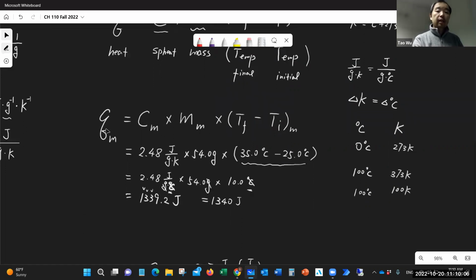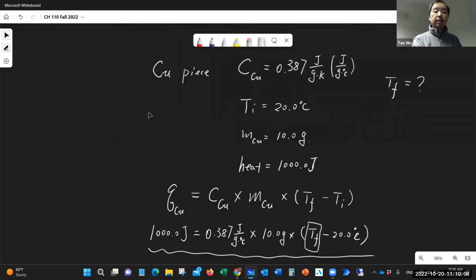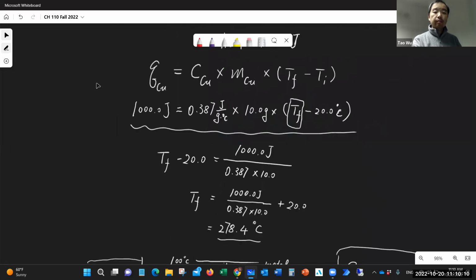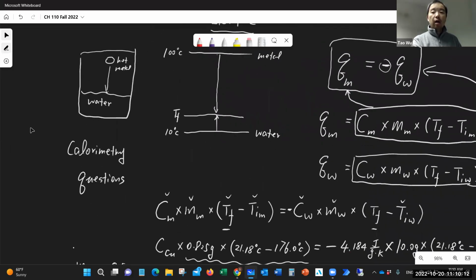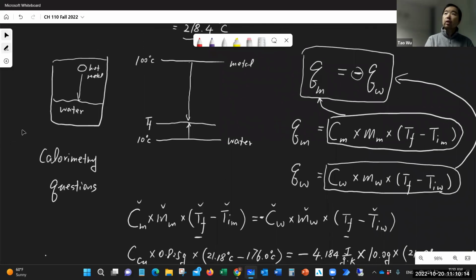And we also talked about some specific cases. If we have a hot object that drops into cold water, then the hot object will lose heat and the cold object will gain heat. So we can set up an equation where the heat that the metal loses should be equal to the negative of the heat that the water gains.